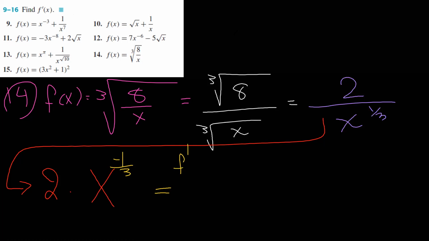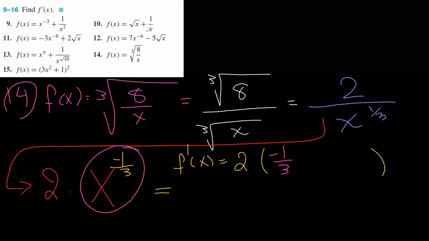So f prime of x is, keep 2 outside, then I want to find the derivative of this one, which is negative 1 over 3, because we know that if we have x raised to the power n, the derivative of it is n x raised to the power n minus 1. So here, this is x raised to the power negative 1 over 3.